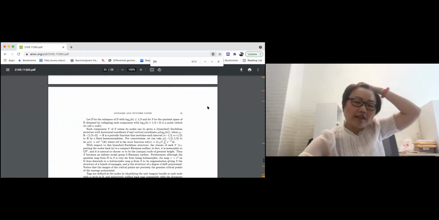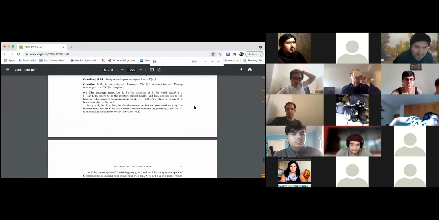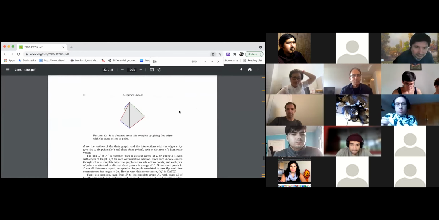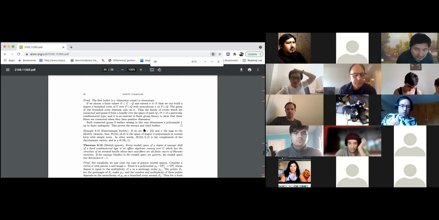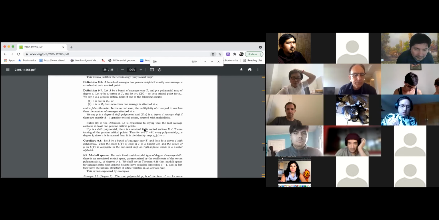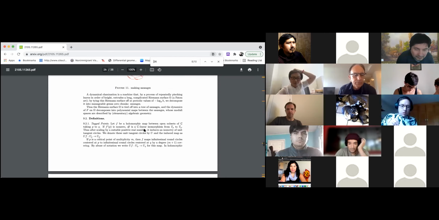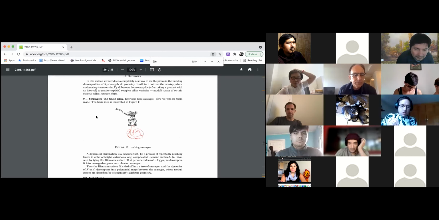Basically it's an algebraic geometric construction of the cells of the butcher paper. But I want to show you what the sausage is intuitively by showing you this amazing picture.